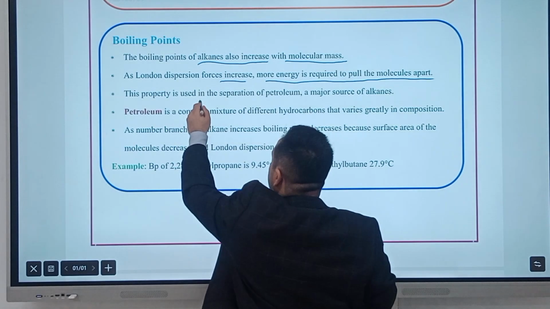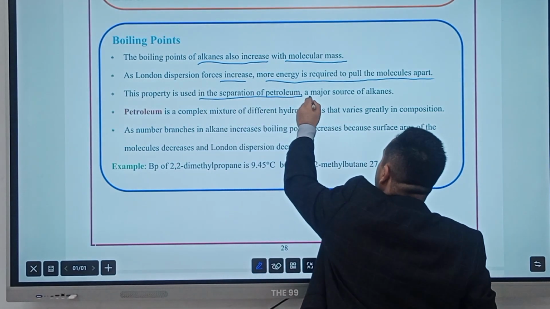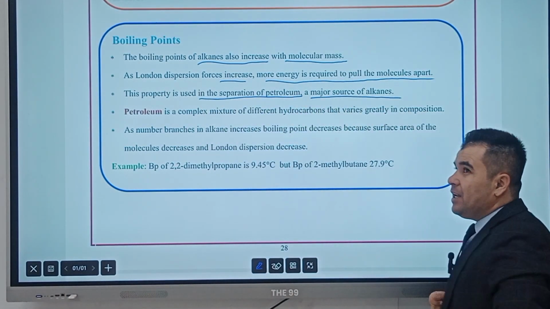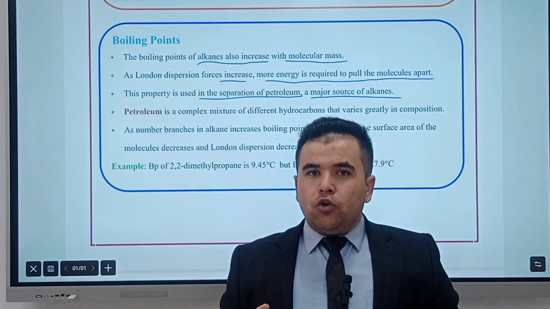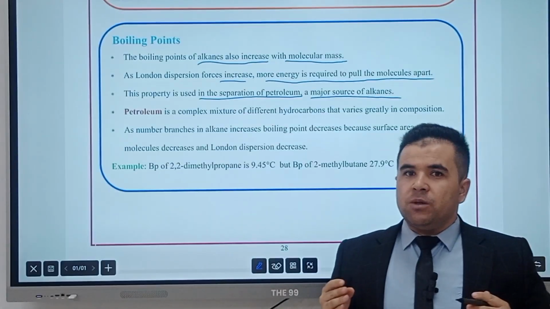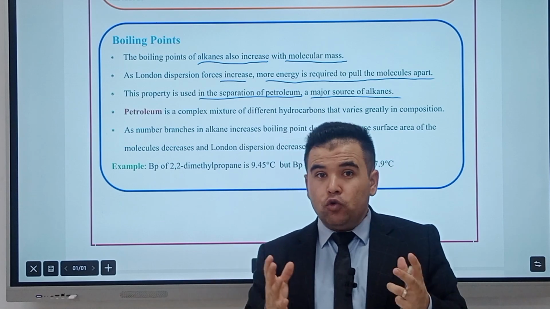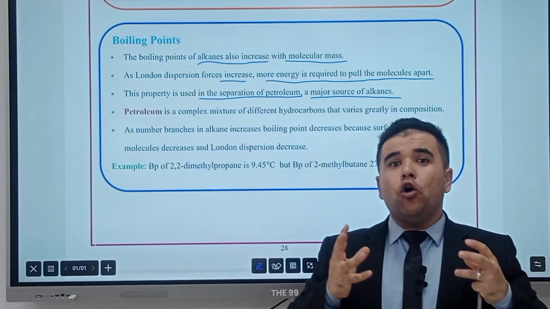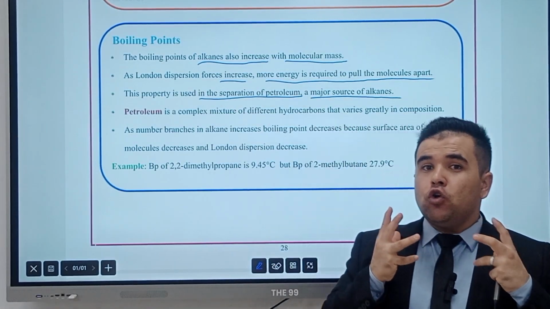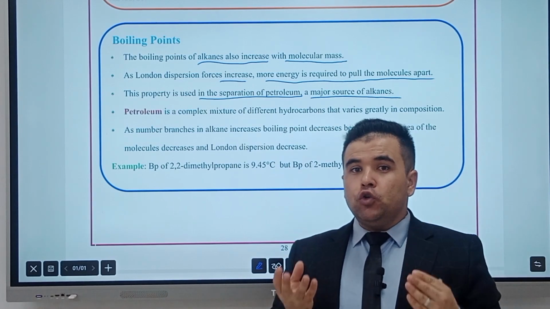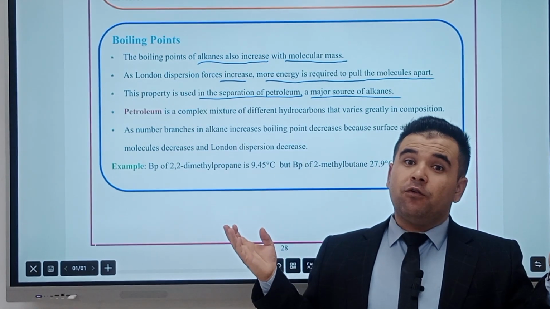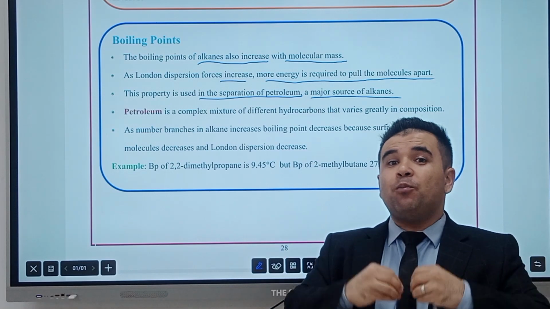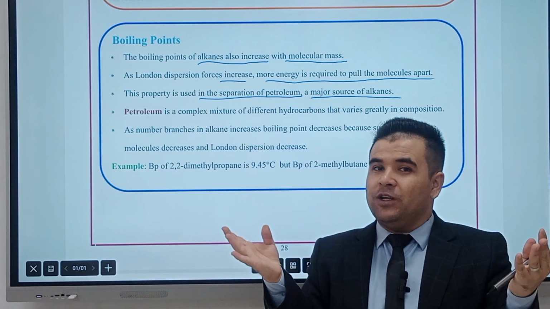This property is used in the separation of petroleum, a major source of the alkane. Guys, in the refineries, from the petroleum wells, when we produce the petroleum, we call it crude oil. The crude oil is a complex mixture, has no direct application, but in order to use it for several products, we have to separate it into different components.